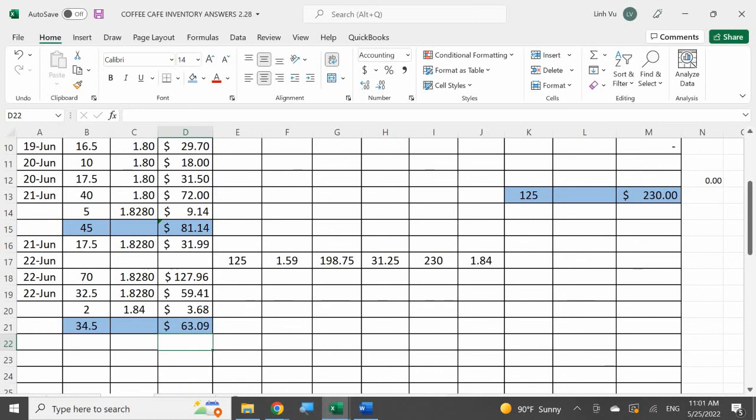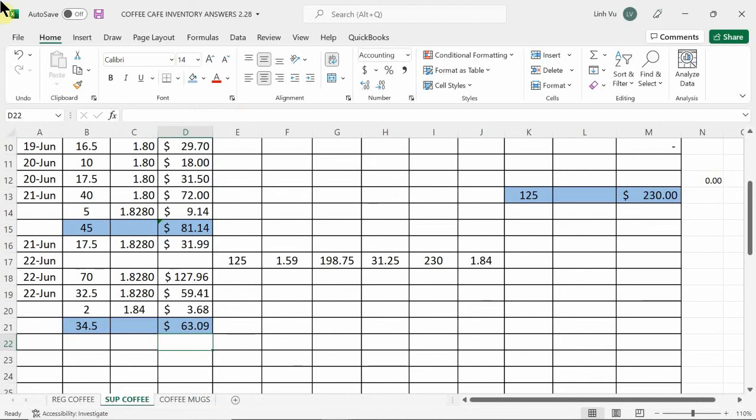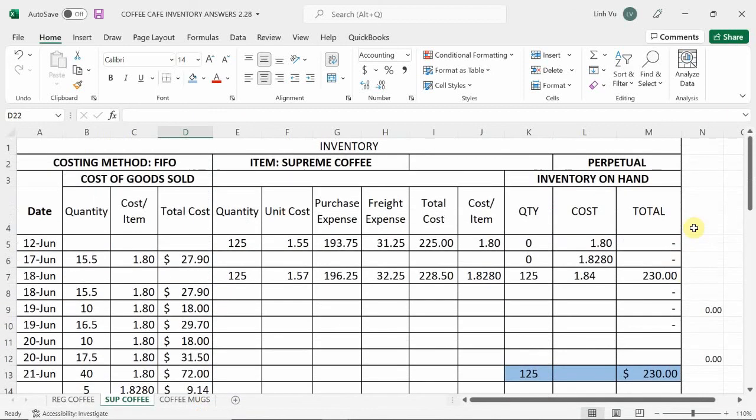Then I need to update my inventory, because I don't have 125 pounds anymore. I only have 123 pounds. So 125 minus 2 gives me 123, which gives me $226.32.